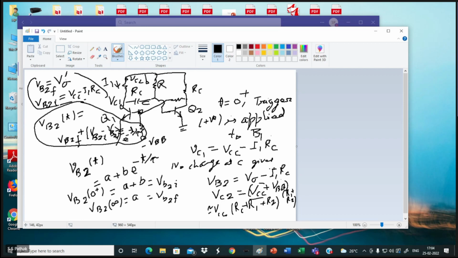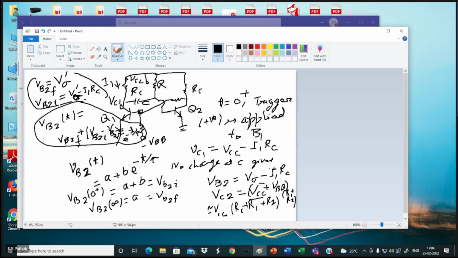At t equal to 0 plus, when the trigger was applied, this became what? VCC minus I1 RC, that drop. Same thing came here also, V sigma minus I1 RC. So it is V sigma, I always make this V sigma or V sigma dash, whatever you say, V sigma dash minus I1 RC.